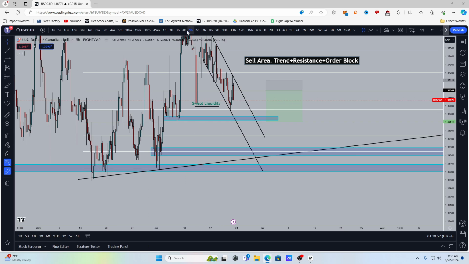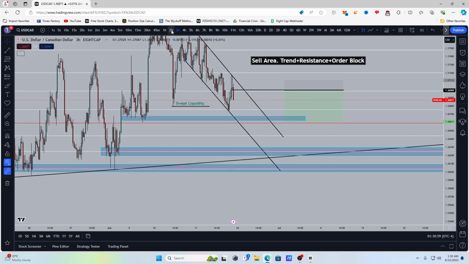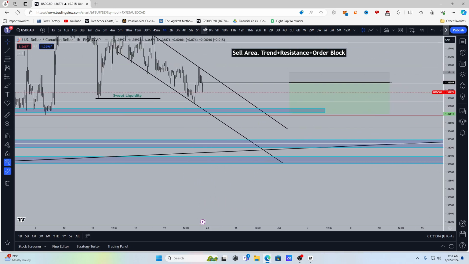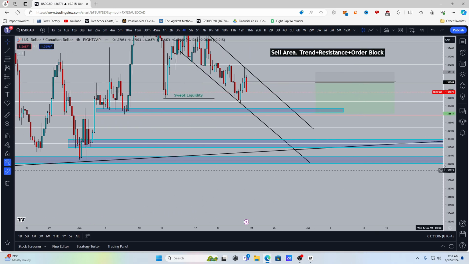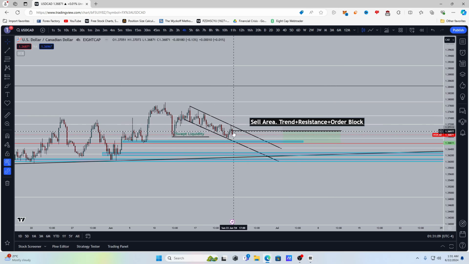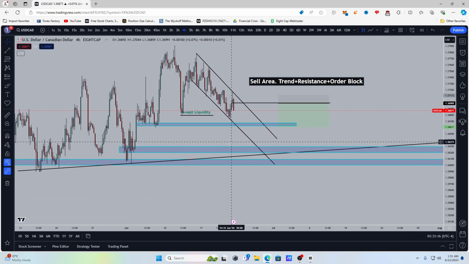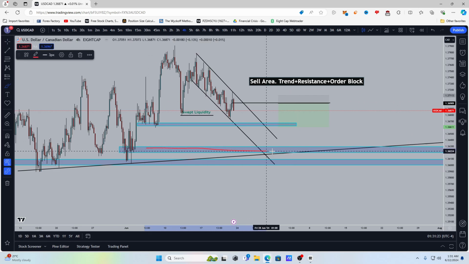I always like playing stingy with my prices, but this just gives me more confirmation, more confidence that if we were to go down, it doesn't mean right away, that we would be looking to potentially start getting buys into this area or this area down here. Now, if we get buys into this blue box, this would also confirm with our trend line. And in the moment, that's when we break it down to a smaller time frame and get an entry there.